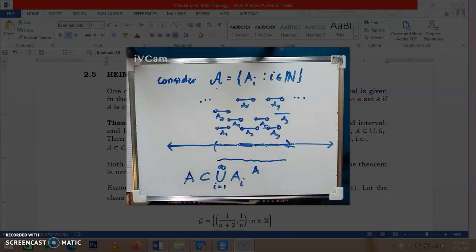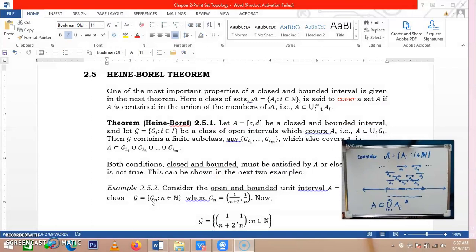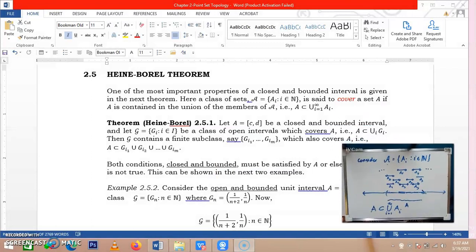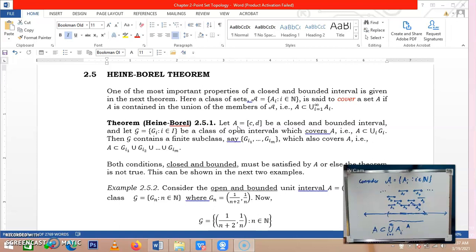Now let's have the theorem, the Heine-Borel Theorem. It states that we let a closed and bounded interval, this A, and we let this script G be a class of open intervals which covers A. So we have our notation: A is contained in the union of G sub I. Then the class of open intervals contains a finite subclass.